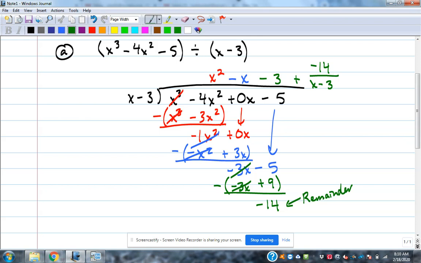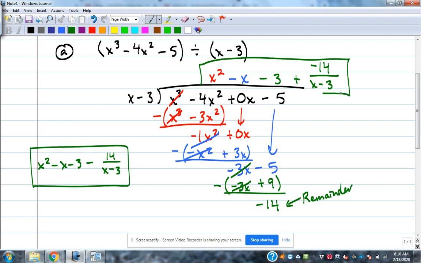And I usually use a plus sign and use a negative on the top if necessary. You might see that written as x squared minus x minus 3 minus 14 over x minus 3. This or this are correct. Using long division to do that one.